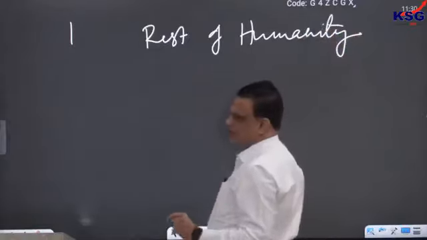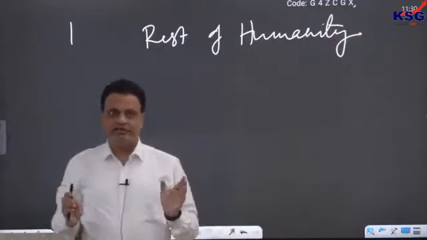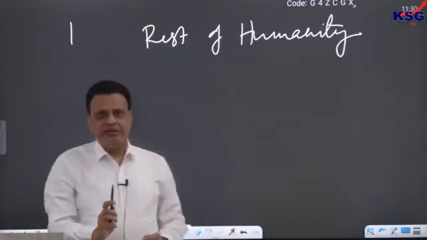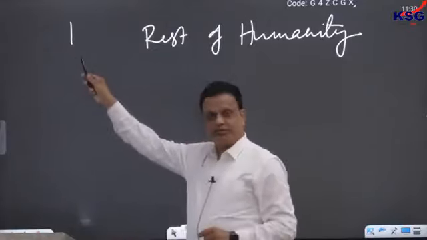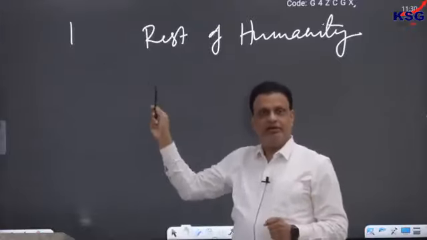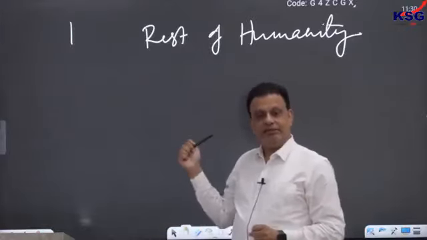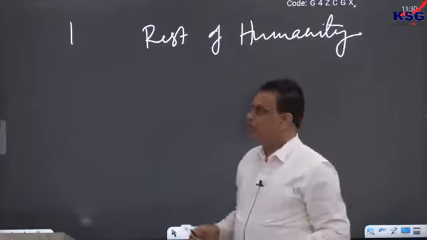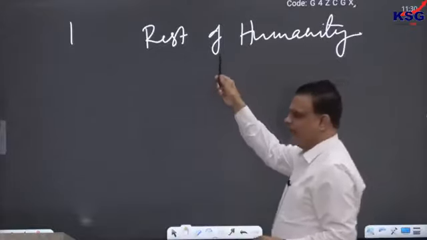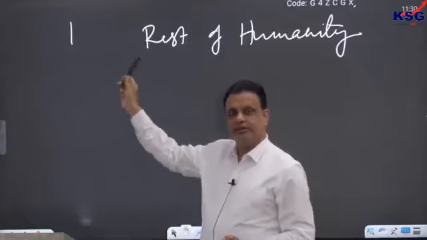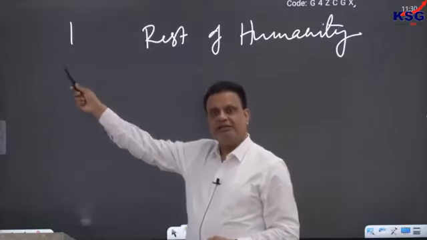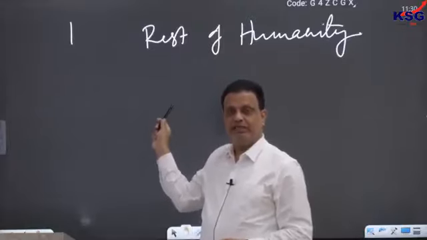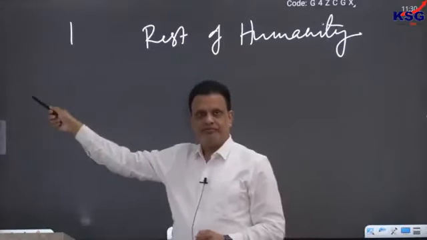What is the size of humanity today? Well, 8 billion people. So Mill is saying here that if there is one person who is doing something which is highly offensive to 8 billion minus 1 people, then also, and again I am quoting him, the rest of the humanity has no right to violate the liberty of that person, as much as this person has no right to violate the liberty of the rest of the humanity if he has power.